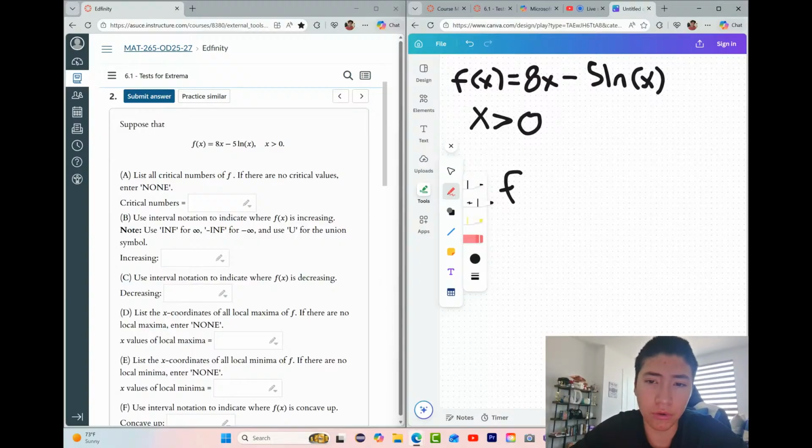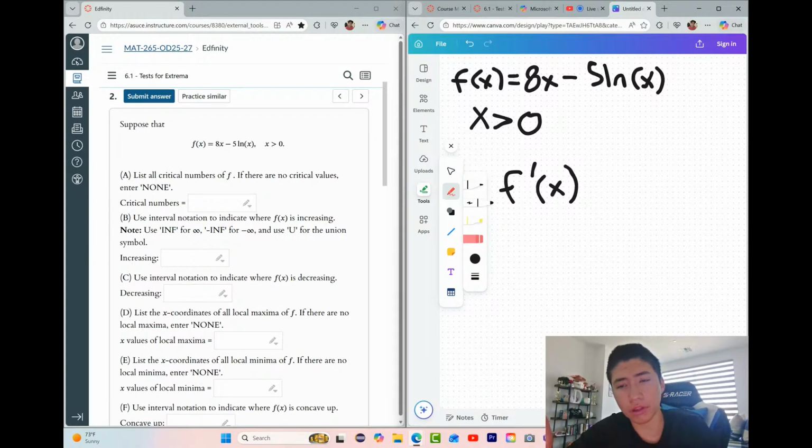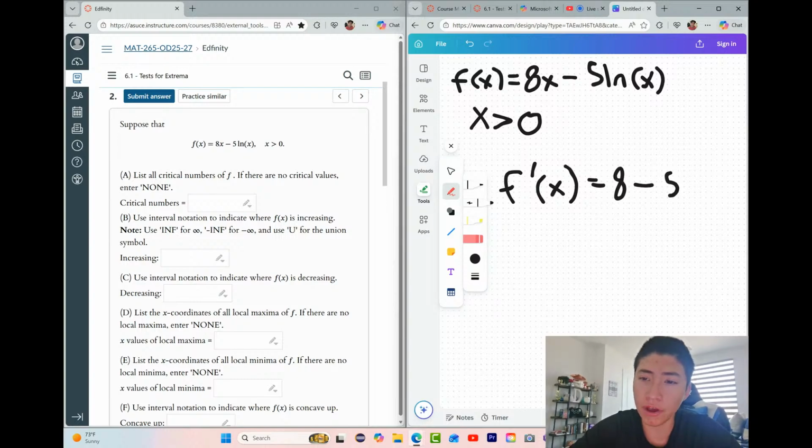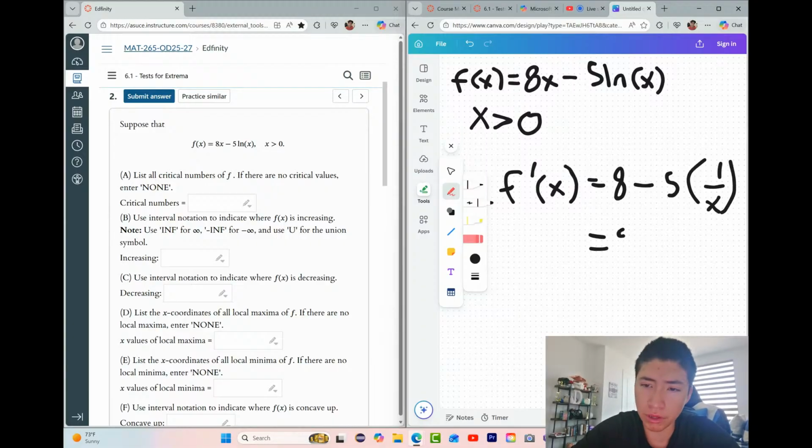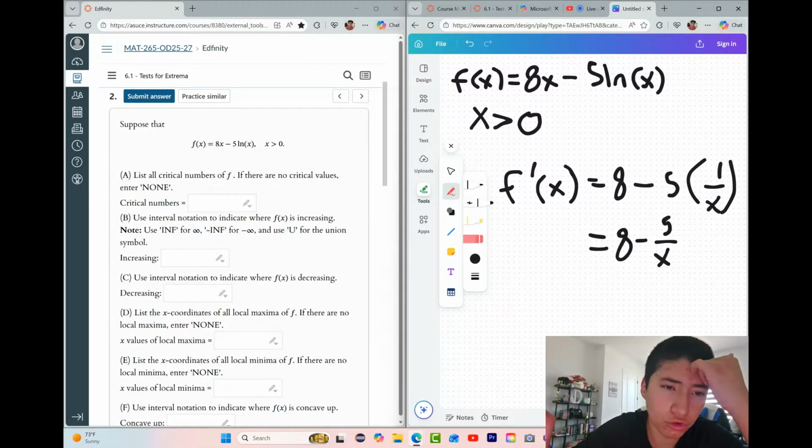So here we have f prime of x. First, let's solve for f prime of x. So here we got 8 minus 5 times 1 over x, right? I'm not missing anything? Yeah, no chain rule involved, no quotient rule or anything.